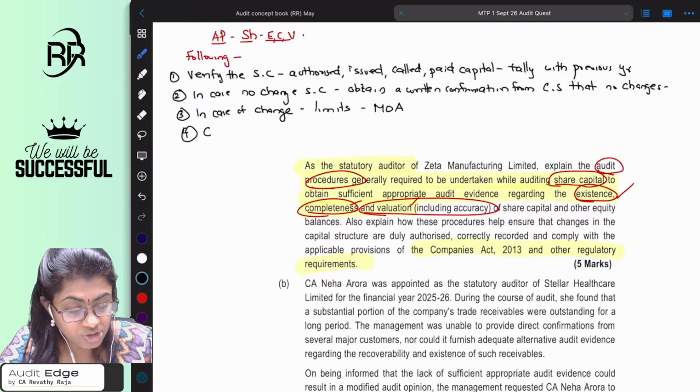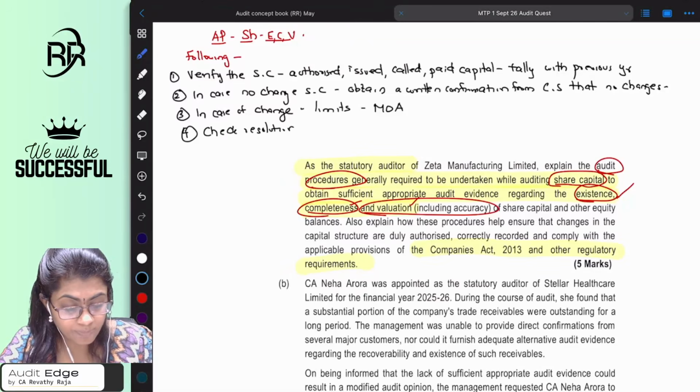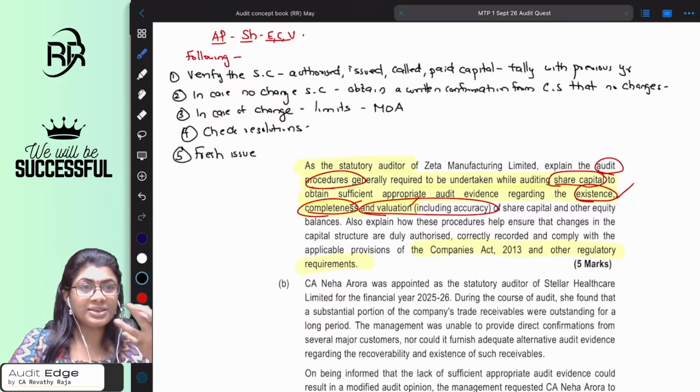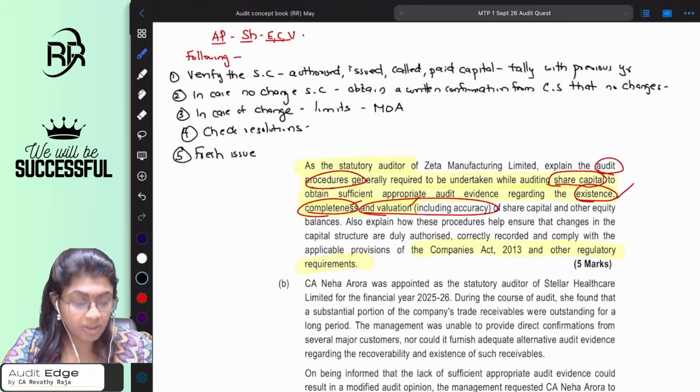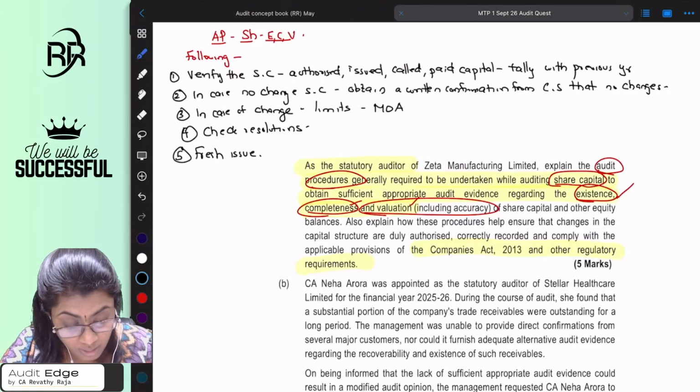Then next, you have to check the resolutions passed in the meetings. Then in case of fresh issues, allotment, subscription, money paid, bank account, etc., you should check.